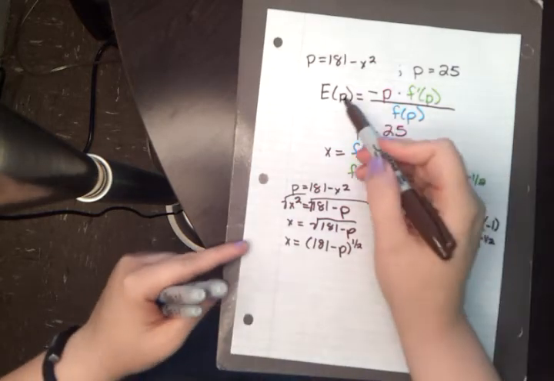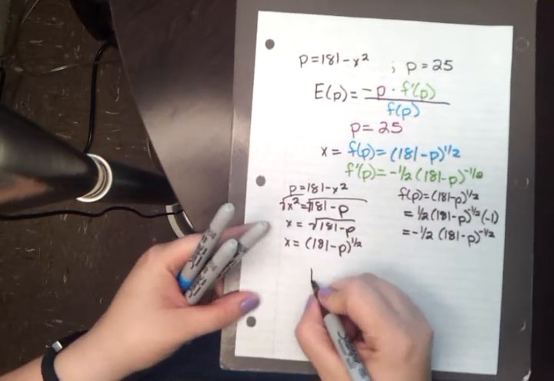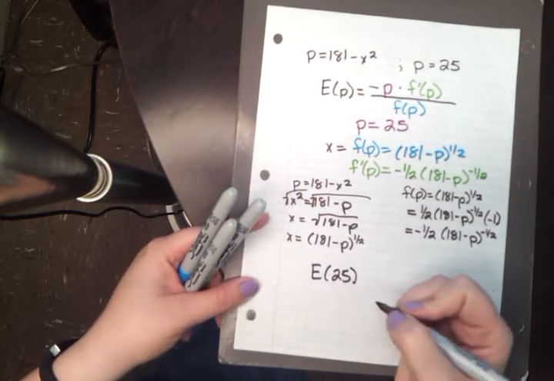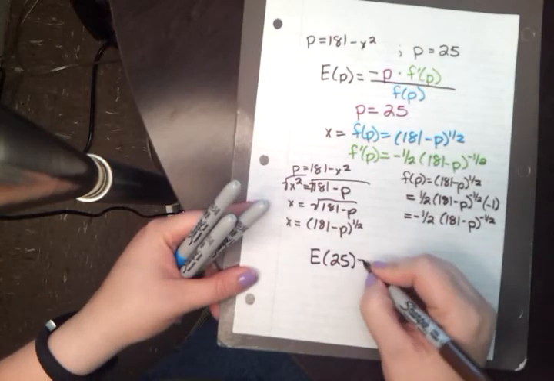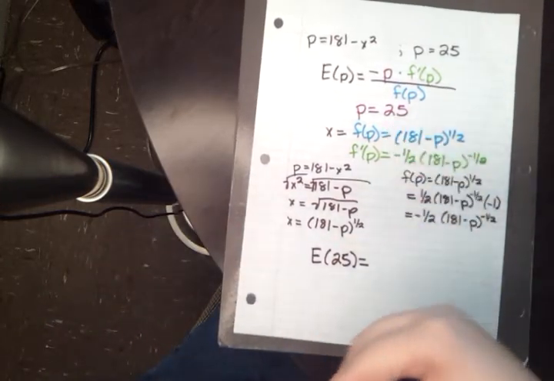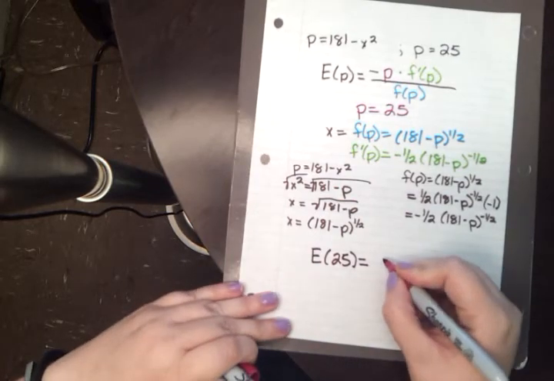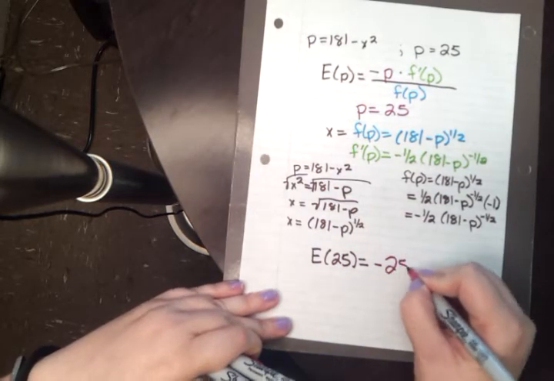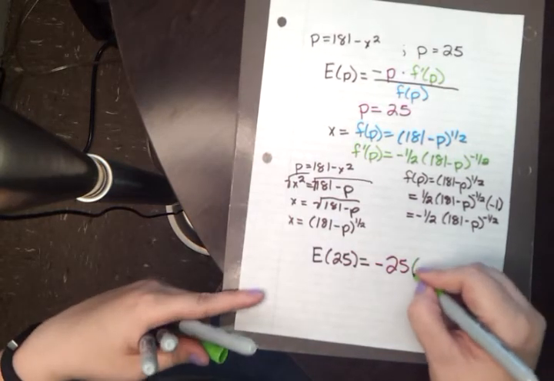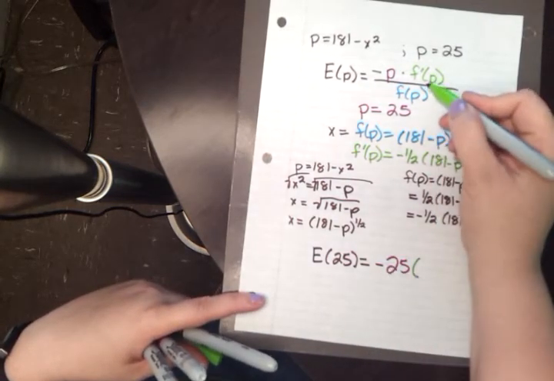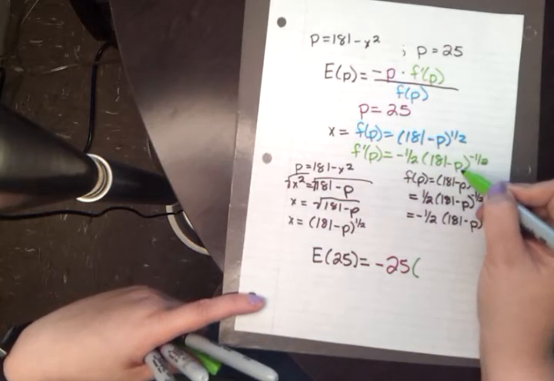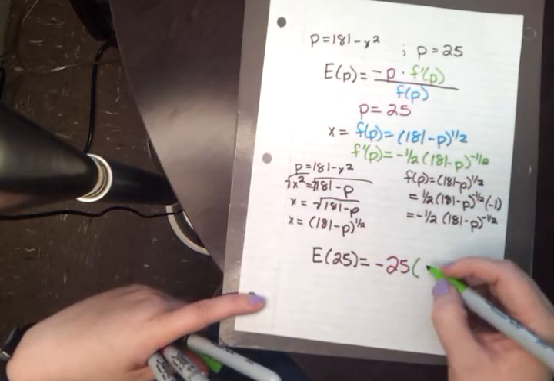We need e of p, but we know p is 25, so I'm going to do e of 25 down here. That equals negative 25 times f prime of p. So we have f prime of p, but remember, p is 25, so I'm just going to plug in my 25 when I write this out.